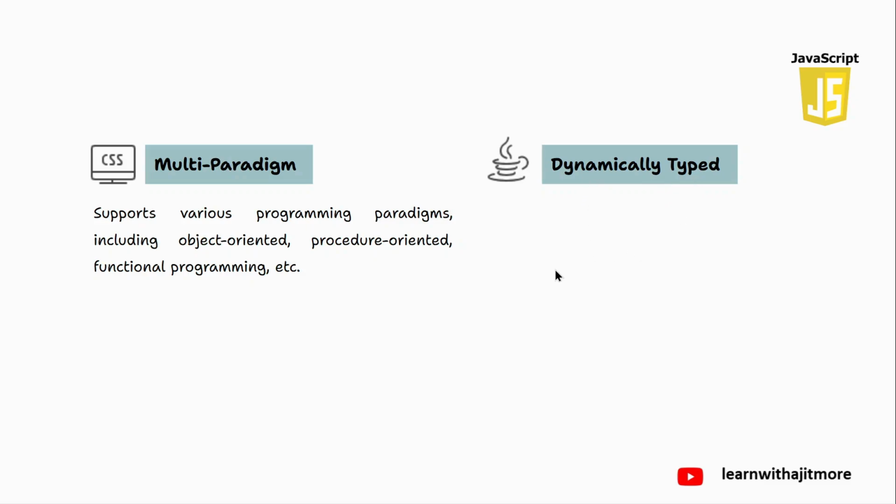See here, those languages which don't allow you to use a variable without declaration. Means a language in which if you want to use a variable, you have to first declare it and only then you can use it. Like Java. Can I use any variable without declaration? No, I have to first declare it, okay? And then only I can use it.